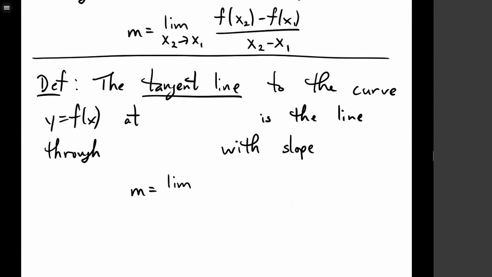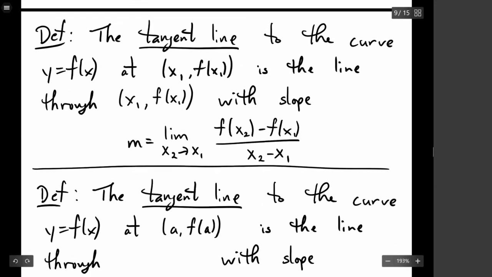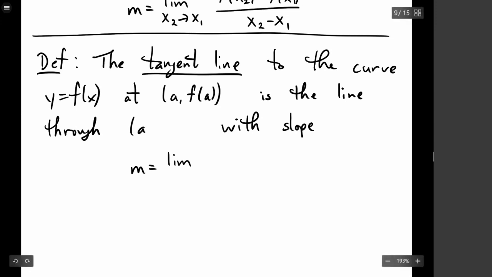At the point a, f of a this time. So the tangent line to the curve at this point. In the dynamic picture I used c, but it doesn't really matter. So it's the line through a, f of a. This time the slope is f of a plus h minus f of a over h, and then we take the limit as h goes to 0.